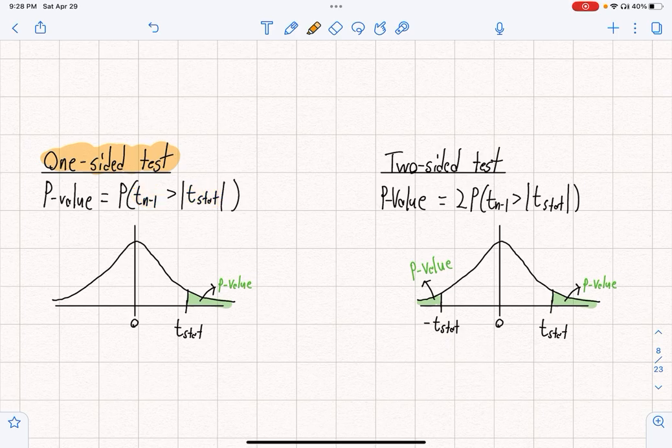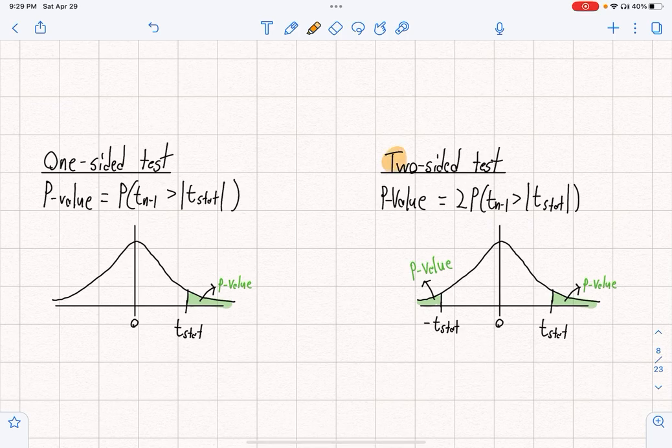So it's the probability that T_{n-1} is bigger than our test statistic t-stat. If we were to plot this, if our t-stat is over here, our p-value is just represented by this green area. And notice I'm using absolute value signs here, and that's just so we're always operating in the positive or right-hand side of this plot.